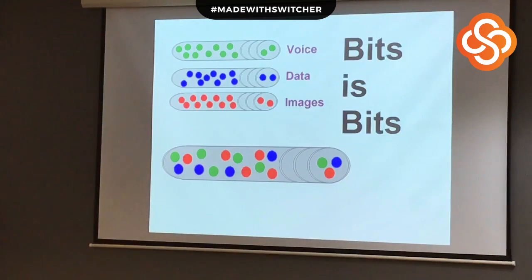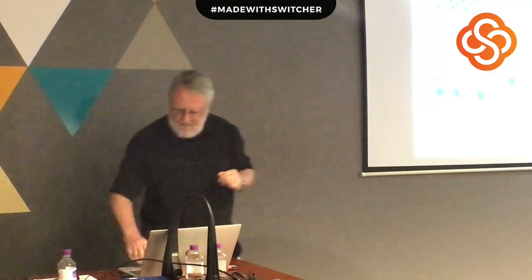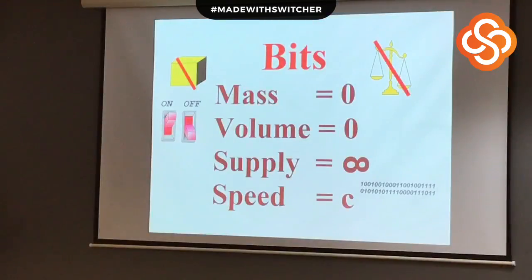And really all that's coming down are bits, little bits of information. And what are they? Well, they have no mass, they have no volume, they can be reproduced infinitely at no cost, they move at the speed of light.